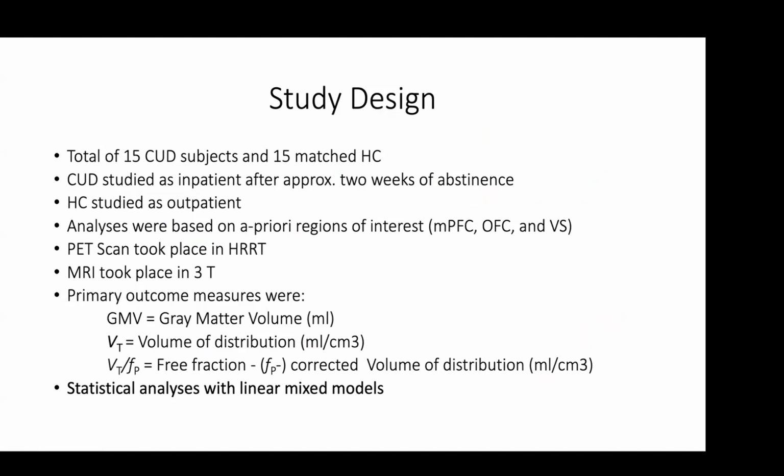The regions of interest were regions mapping the preclinical studies, so different subregions of the medial prefrontal cortex, orbitofrontal cortex, and the ventral striatum. The PET scan took place in the high-resolution research tomography, MRI in a 3 Tesla, and the primary outcomes were the gray matter volume, volume distribution, and the free fraction corrected volume distribution.